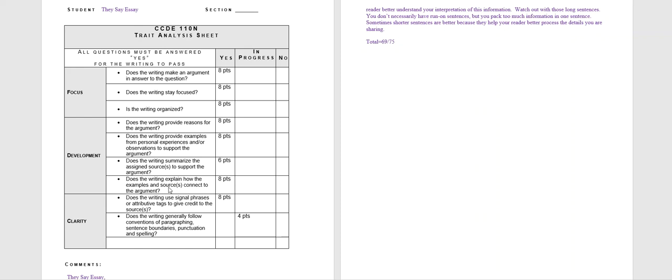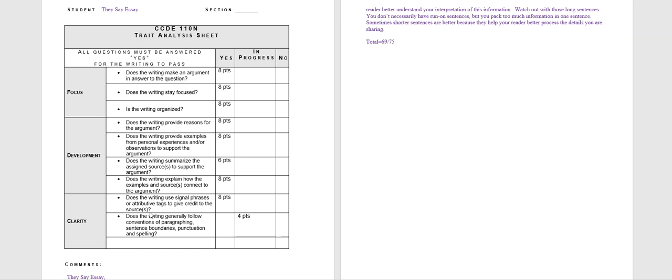And then also make sure that in your explanation of these examples, you connect them back to your argument. That means that you would clearly explain why those examples are important and how those examples show that your thesis statement is true.